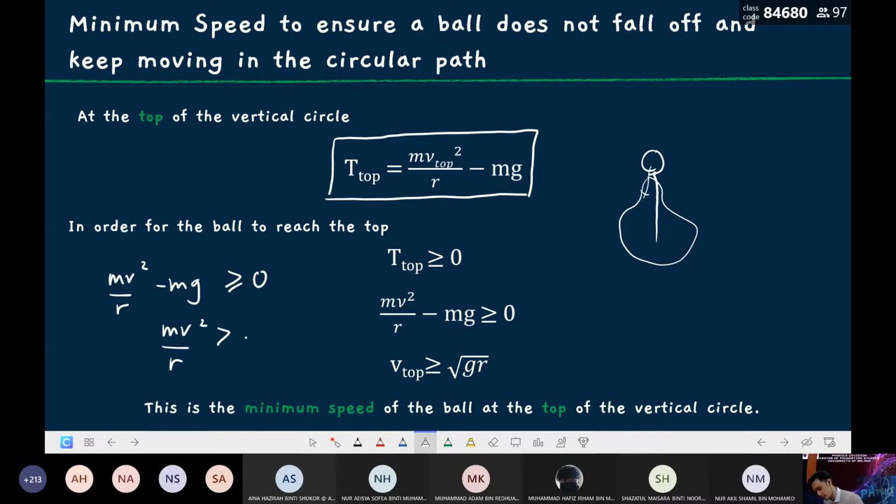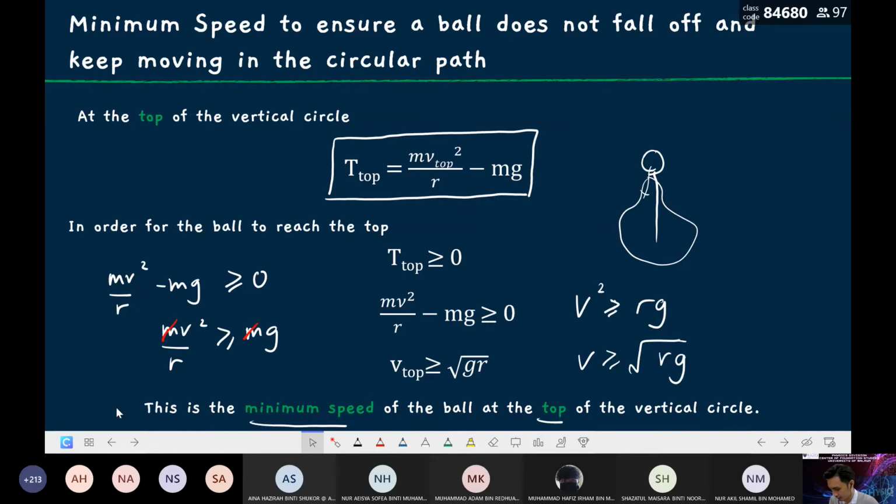Then we can cancel out the value of m. So our v square is larger than rg. So the velocity is the square root of rg. So this is the minimum speed of the ball at the top of the vertical circle.